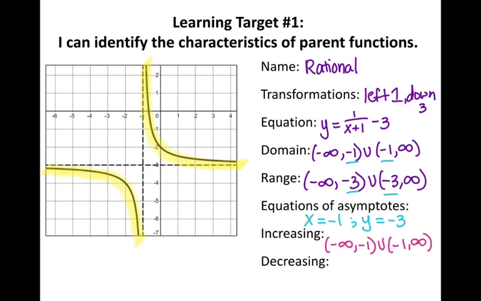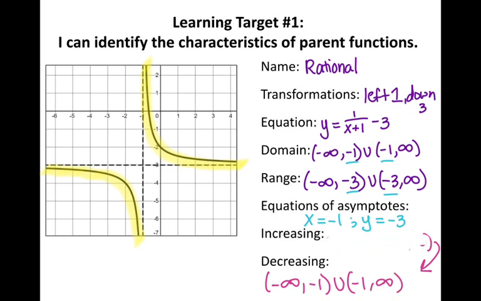I just wrote it underneath increasing. Whoops. Let's go ahead and move this. So this right here is my answer for decreasing. I'm going to rewrite it. So I have negative infinity to negative 1 and negative 1 to infinity. I'm going to go ahead and erase this. And we actually do not have any parts of our graph that are increasing. So we're just going to write none. There we go. All right.